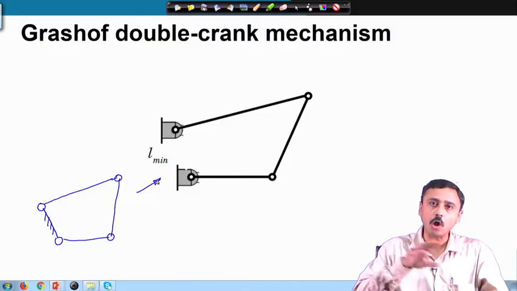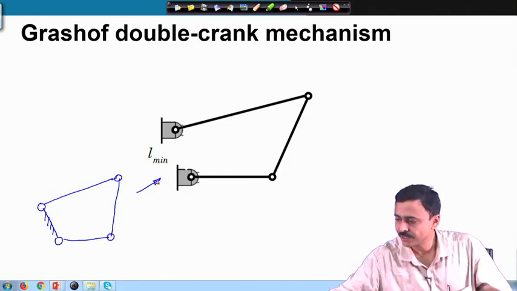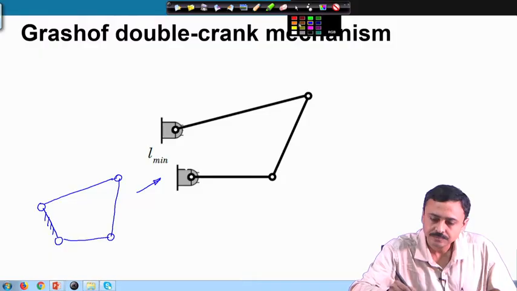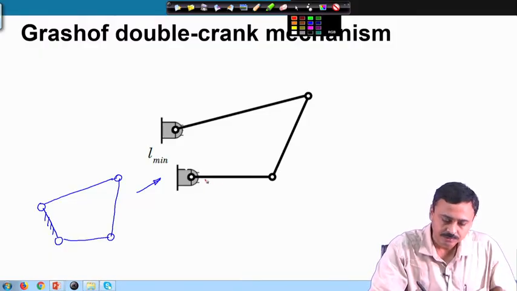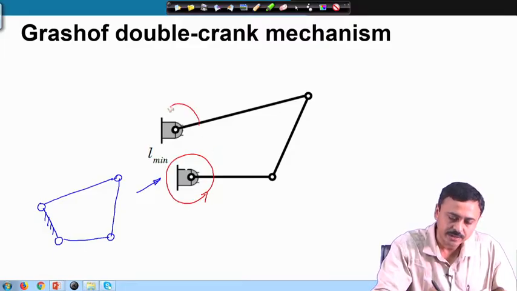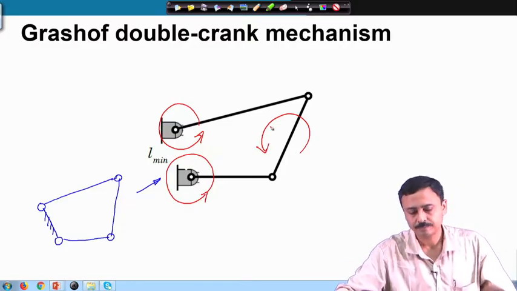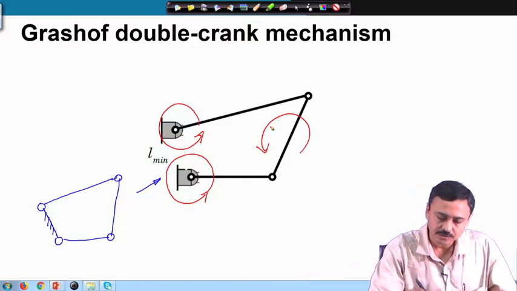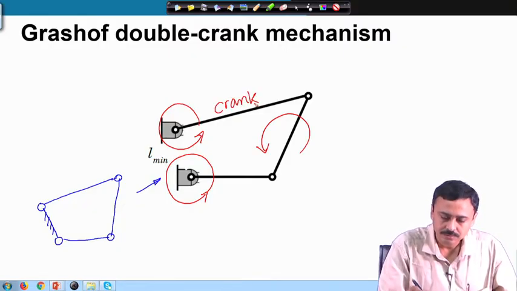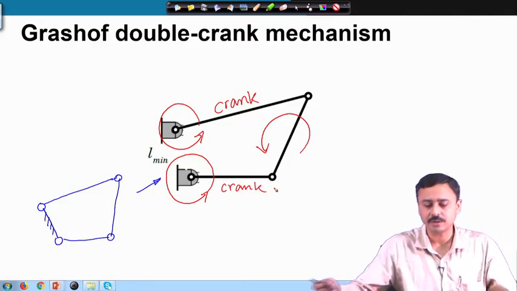So, they will all rotate completely with respect to the ground link. This is called a double crank mechanism. Because I have fixed L min, this can rotate completely, this can rotate completely, as well as this can also rotate completely. So, this is a crank and this is also a crank. So, this is a double crank mechanism.